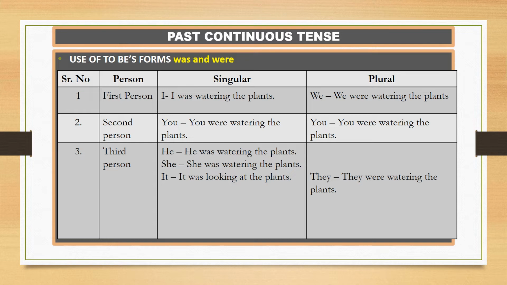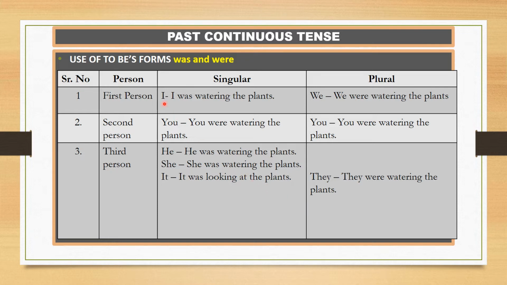In past continuous tense, we use was and were as the to be form. See the chart. The chart has three columns: person, singular pronoun, and plural pronoun.